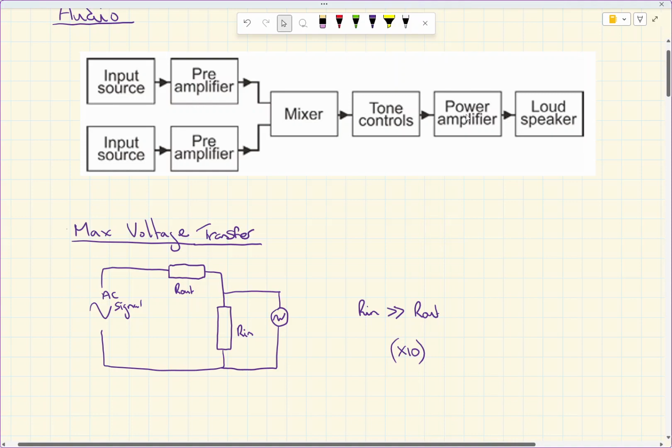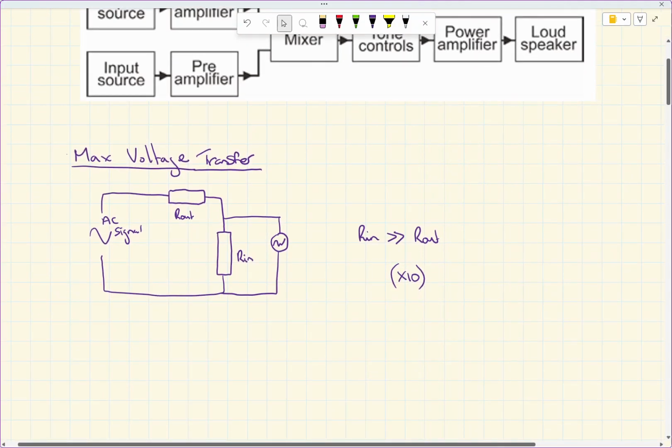When we're then looking at maximum power transfer, that's obviously a slightly different case. So let's just do a very, very quick calculation, just to prove the point.